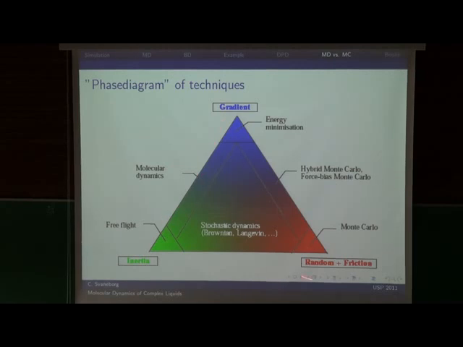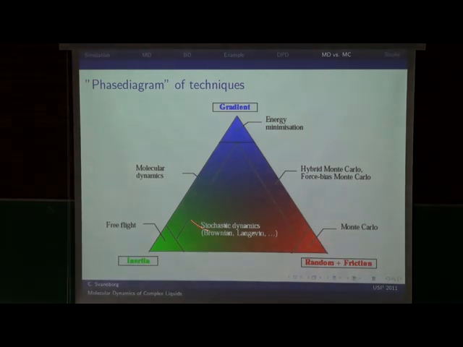But we can also couple in the effect of randomness and friction. And depending on how much we do this, we get inside the middle of this phase diagram, where we would find Brownian dynamics, Langevin dynamics, and also dissipative particle dynamics. Monte Carlo simulations is completely based on the concept of randomness, and lives down in this corner.